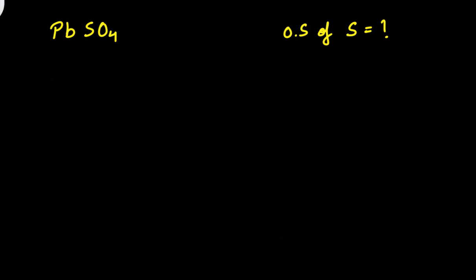PbSO4. We have to calculate for PbSO4. Now in this particular molecule, you have to remember a few things. We know that SO4 exists as SO4 2 negative. The whole SO4 part will exist with a -2 charge.